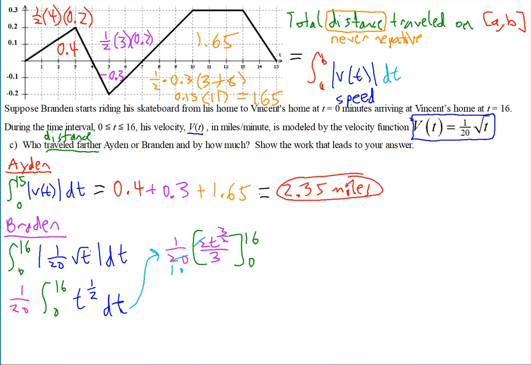So then we have 1 over 30 on the outside. And then if we switch that back to radical form, it'll be a little easier to evaluate. So instead of t to the 3/2, it's the same as the square root of t cubed. So we've got 1 over 30.